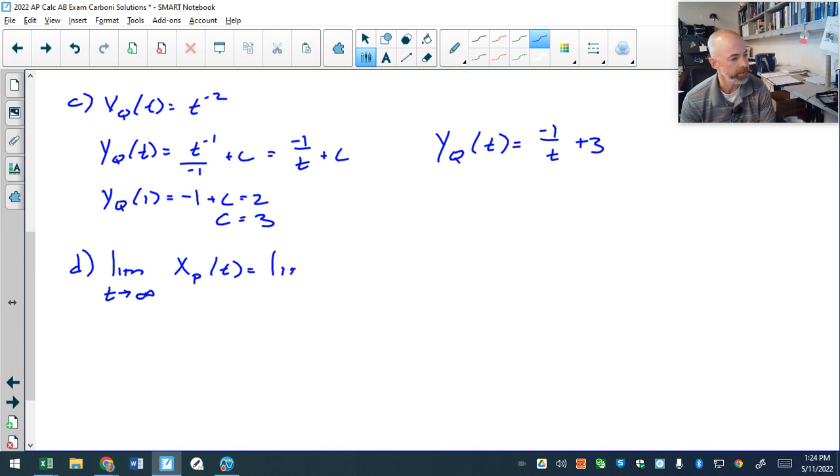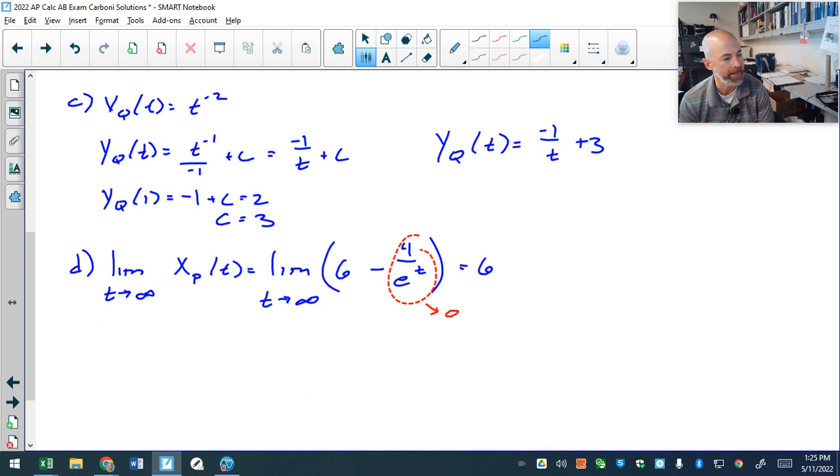My position of particle p, I'm going to rewrite it ever so slightly. It's 6 minus 4 over e to the t. And as e to the t goes to infinity, this guy right here is going to approach 0. So as t goes to infinity, this is approaching an x-coordinate of 6, which will be obviously 6 units from the origin.